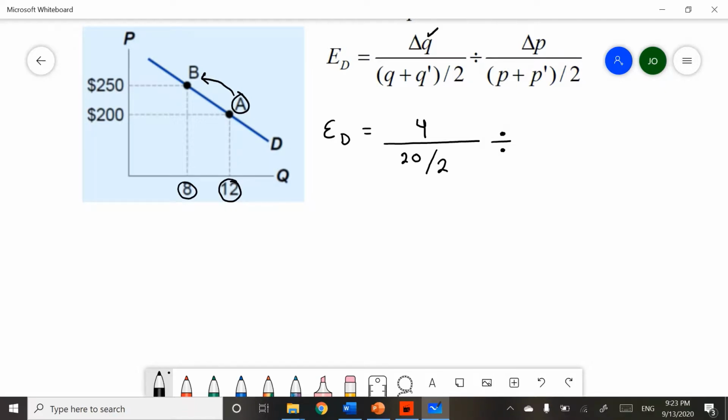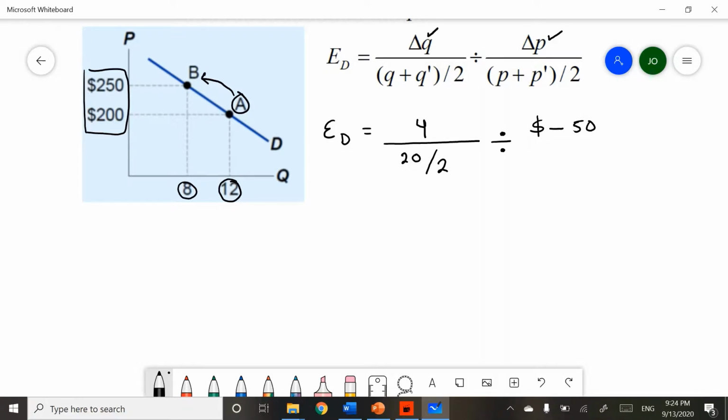Second, we are going to look at the change in price. Now, since we are going from point A to point B, this technically would be a 200 minus 250, which would give us a negative 50 dollars.